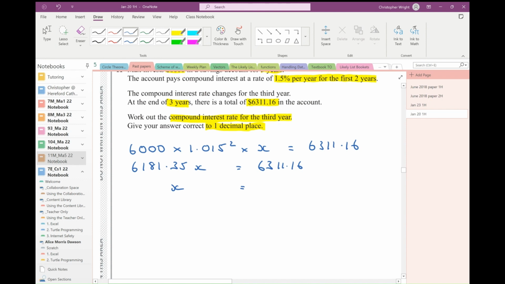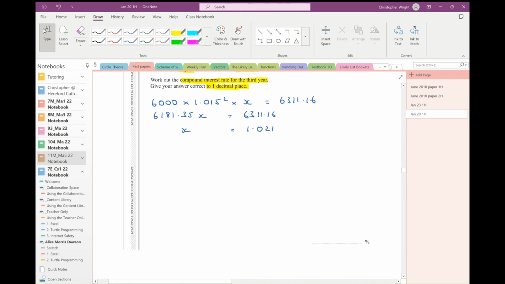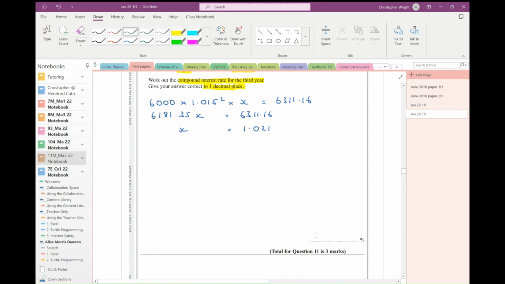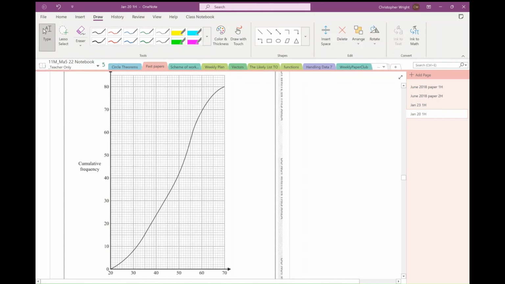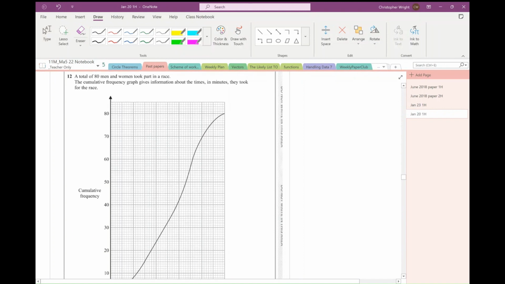So I'm going to do 6,311.16 divided by 6,181.35. And that gives me the answer 1.021. So the multiplier for the 3rd year was 1.021. So the percentage increase must have been 2.1%.